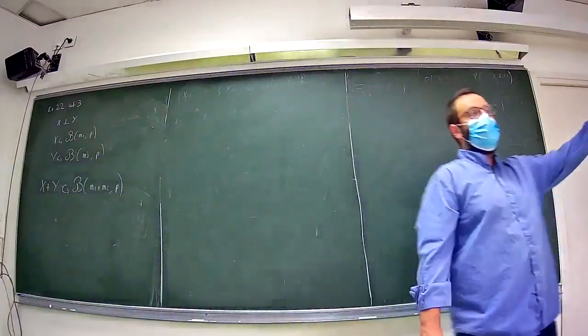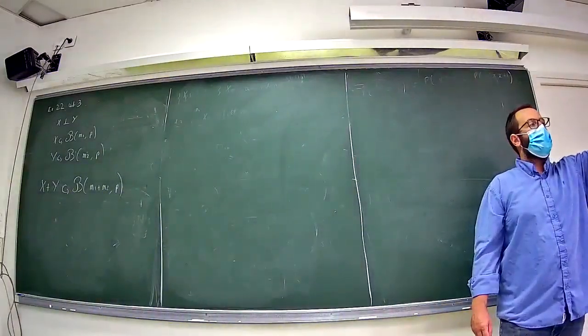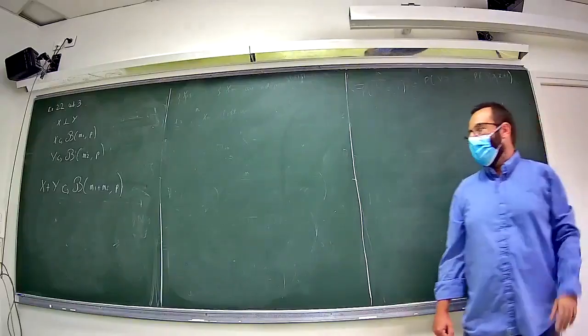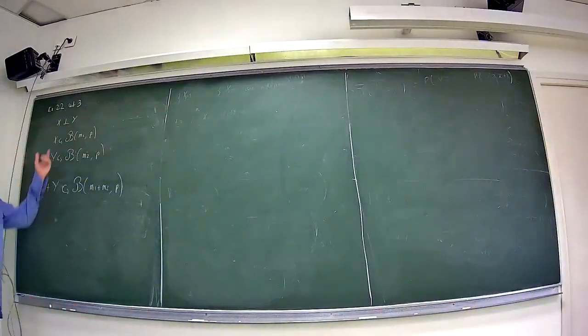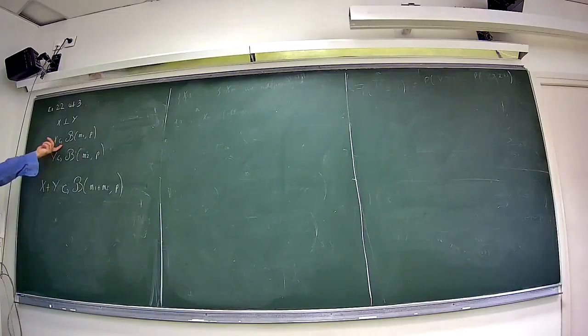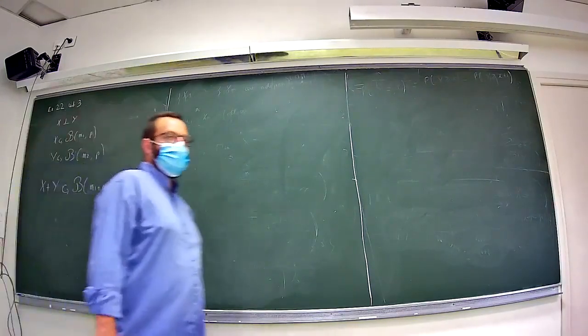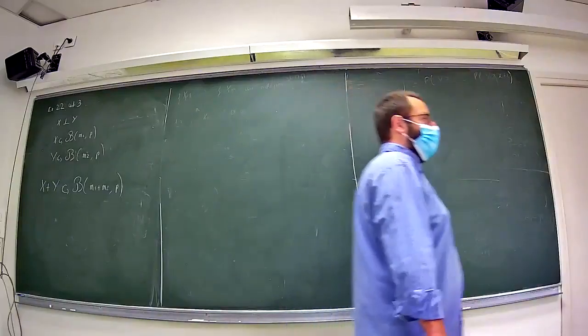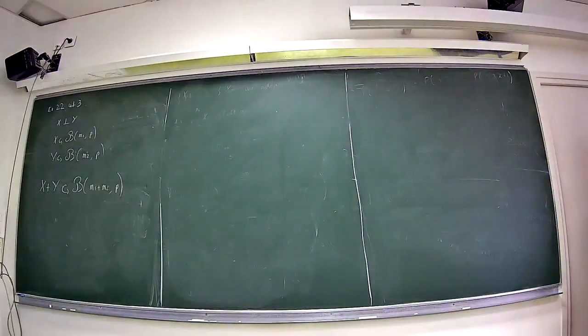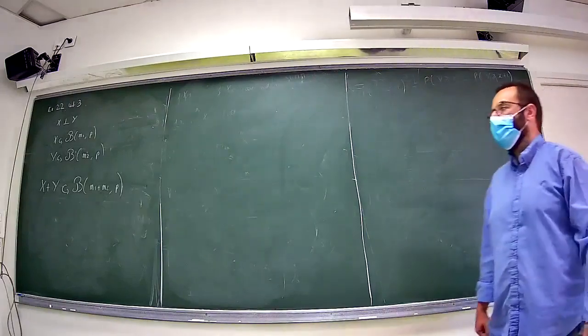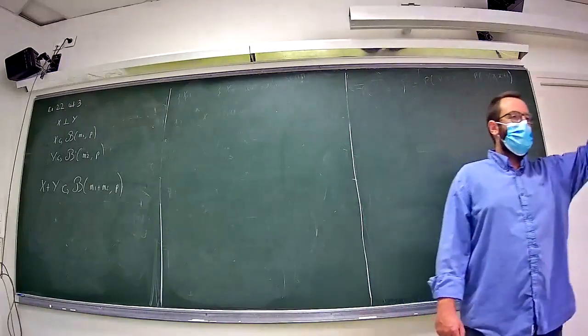So a priori, if you come back to the slides, I have to prove... What is the set of the possible values for capital X? 0, 1, 2, up to n1. What is the set of the possible values for Y? 0, 1, 2, up to n2.